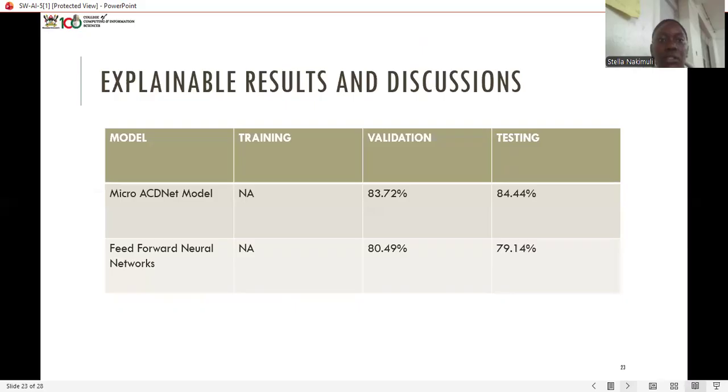Yeah, moving forward, there are some results of the models we trained, which are the micro SCD model and the feedforward neural network, whereby our validation, testing and training results are shown right there.